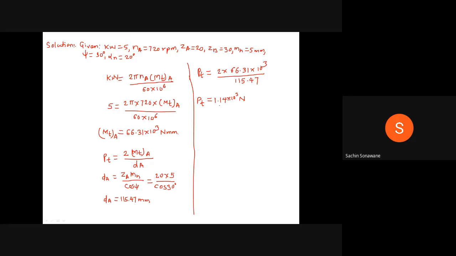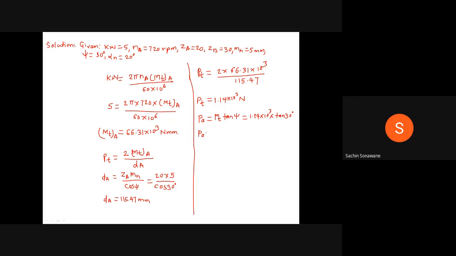Now calculate axial force. Axial force PA or thrust force PA is equal to PT into tan of psi, which is equal to 1.14 into 10 raised to 3 into tan of 30 degree.